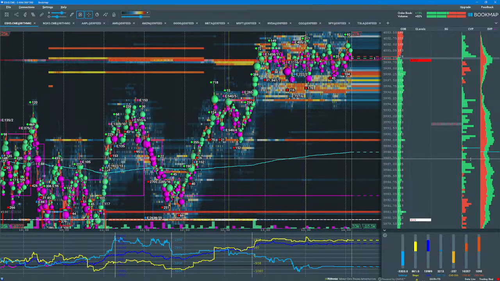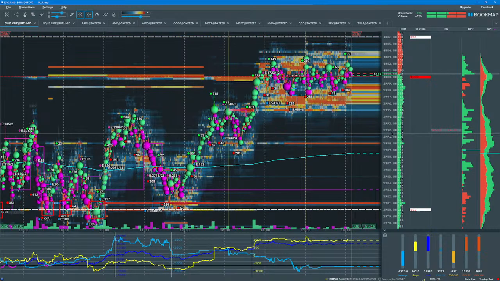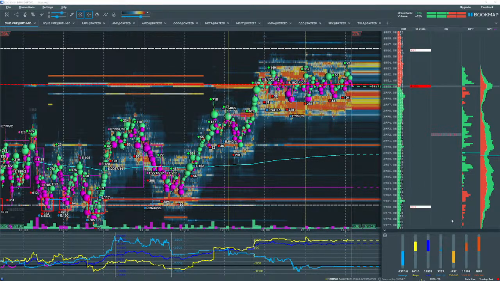So buy volume minus sell volume. So you can see down here, for example, all of the sell volume at that level.